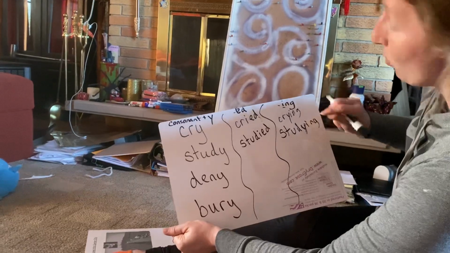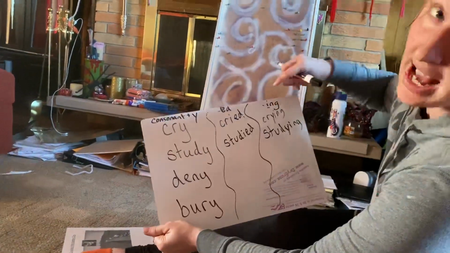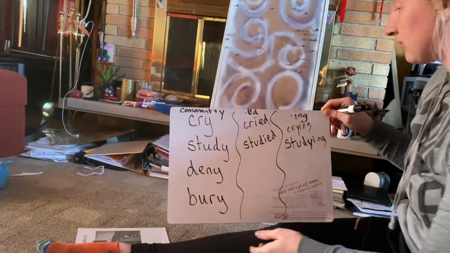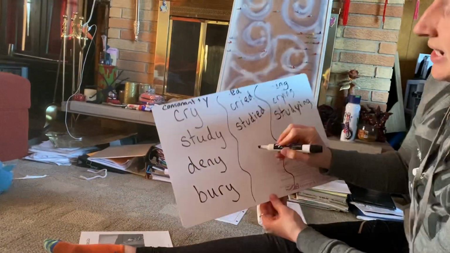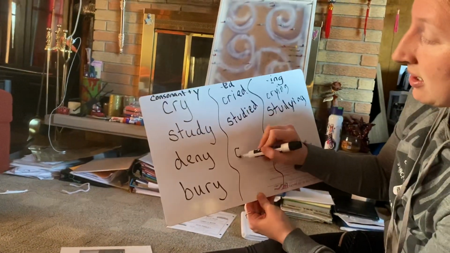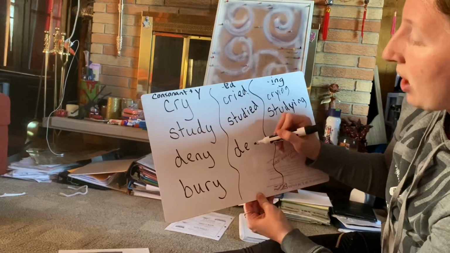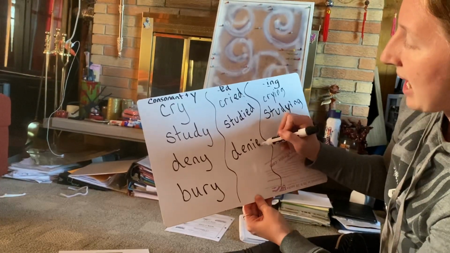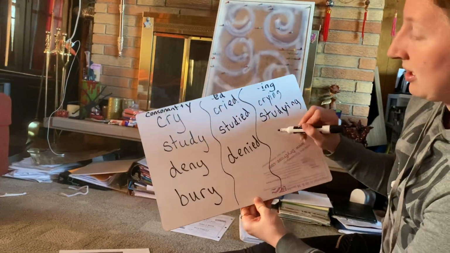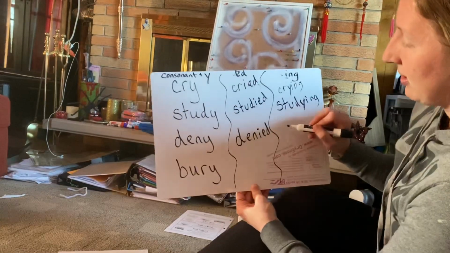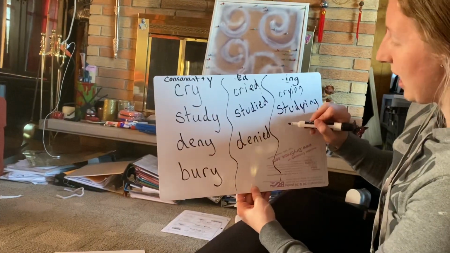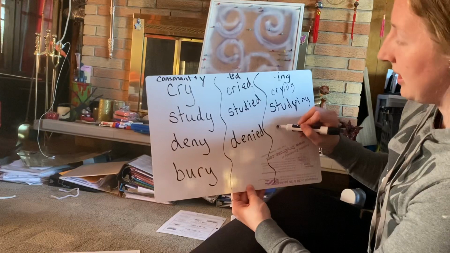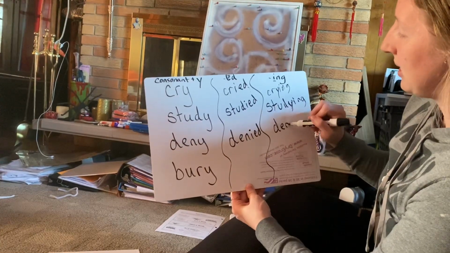We put that Y there because of that I in the ing. Okay? Deny. We drop the Y and add an I. Denied. Denied, studied, cried. And then here you would put denying.